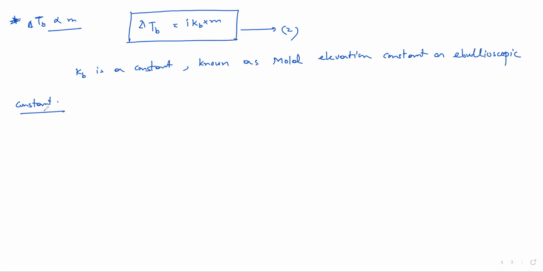Okay. Is it clear? Now, what is the definition of Kb? Always remember, when i equals 1 and m equals 1, ΔTb equals Kb.